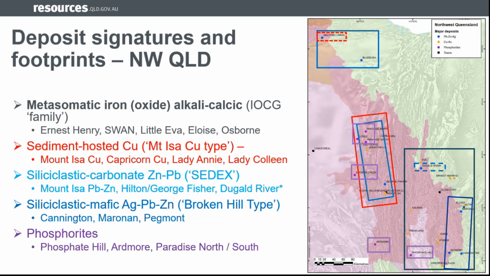Broken Hill type deposits, with various interpretations of their genesis in relation to SEDEX, and I'll show you some information to make up your minds how much they are similar or different from normal sediment-hosted.